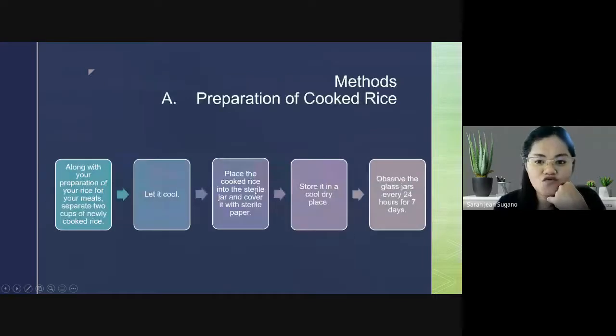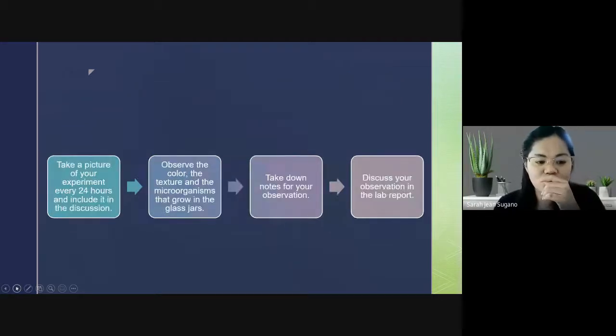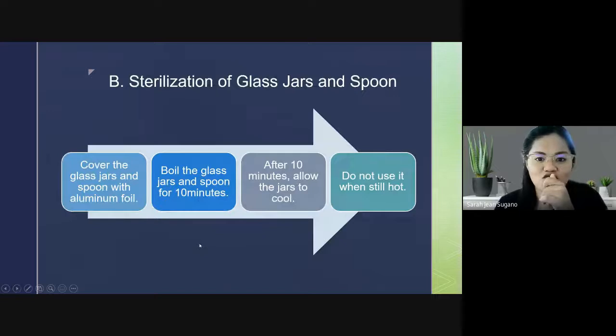Before placing the cooked rice into the jar, you have to sterilize your glass jars and your spoon. How to do it? You just have to cover the glass jars and spoon with aluminum foil. Then boil the glass jars and spoon for 30 minutes, that is the recommended time. But if you're using just an ordinary glass, dili siya mga Pyrex, then we just have to boil it for 10 minutes.